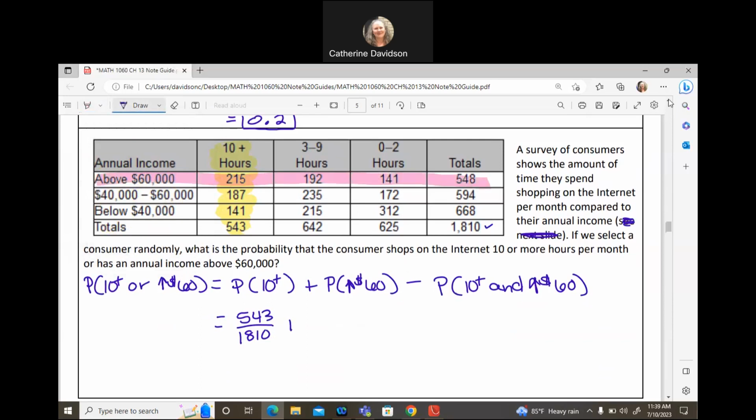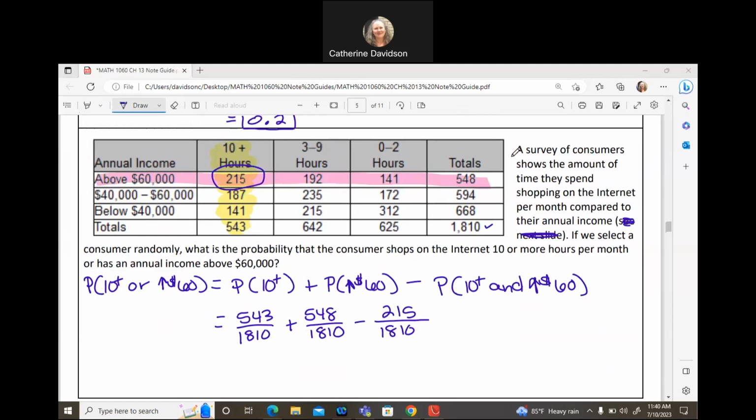So that's 548 people have incomes above 60,000 out of the 1810 that were surveyed. Now, where is the overlap? All right, so this one's pink and yellow. So we have 215 people that spend 10 or more hours per month on the internet and have an income above $60,000 a year.